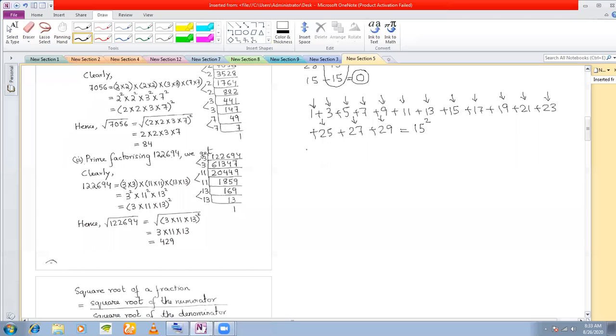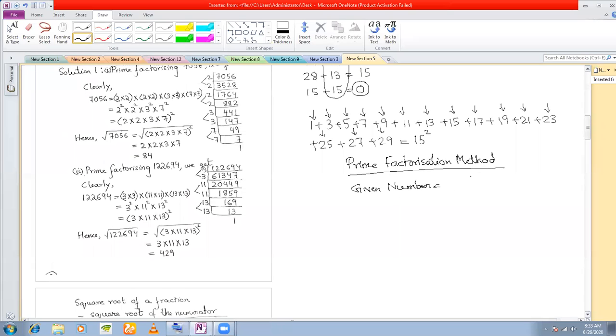So we have the given number as 7056. We want to find out the square root of this number by prime factorization method.